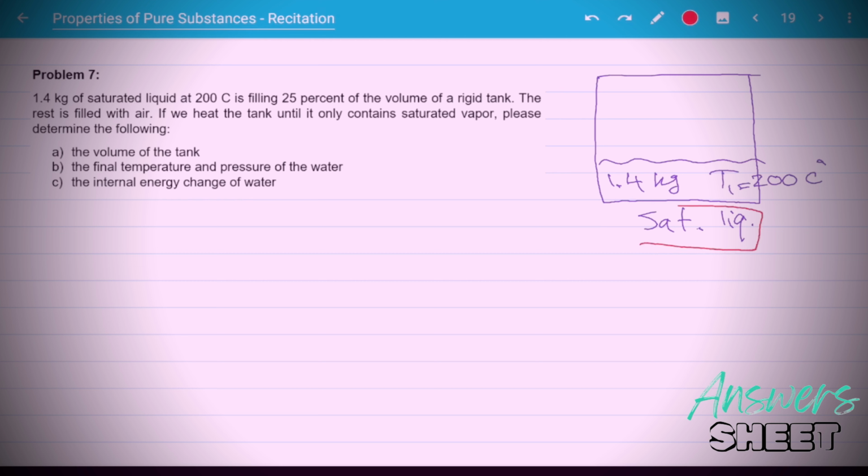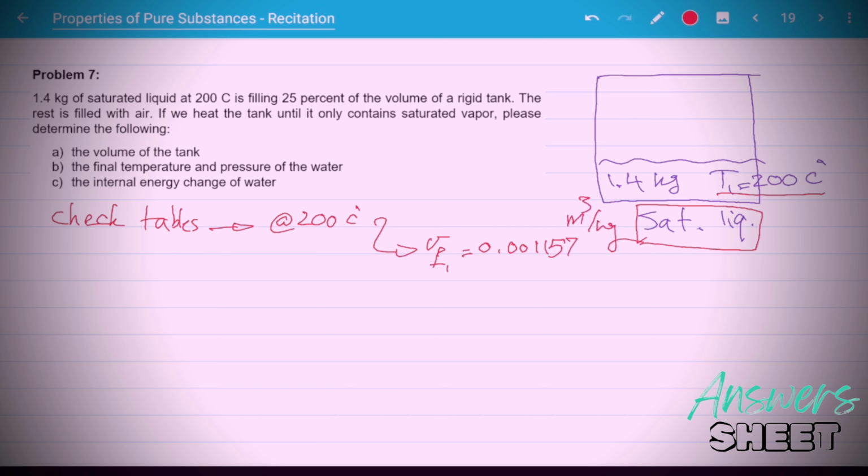Now the problem specifically states that we are dealing with saturated liquid at 200 degrees. So I can go check the tables. So if I go and check the tables, I can see that for 200 degrees Celsius, the saturated liquid has a specific volume of 0.01157 meters cubed per kilogram.